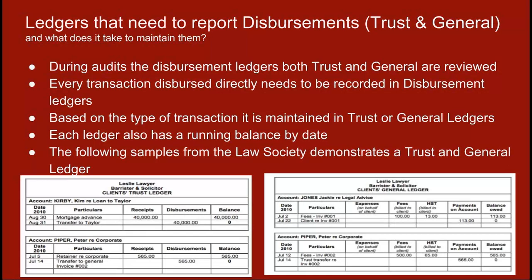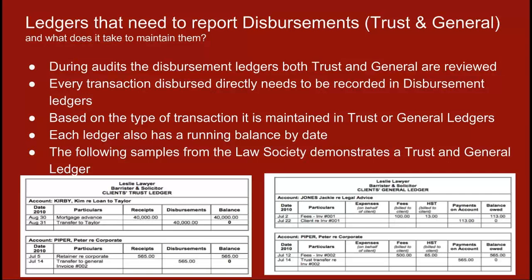So let's look at a client's trust ledger, which is at your bottom left corner of your screen. You don't have to focus really on the numbers or the particulars, but focus primarily on the bolded columns. So those are the real pieces of information that's being captured within that ledger. So really the date, so when it happened.